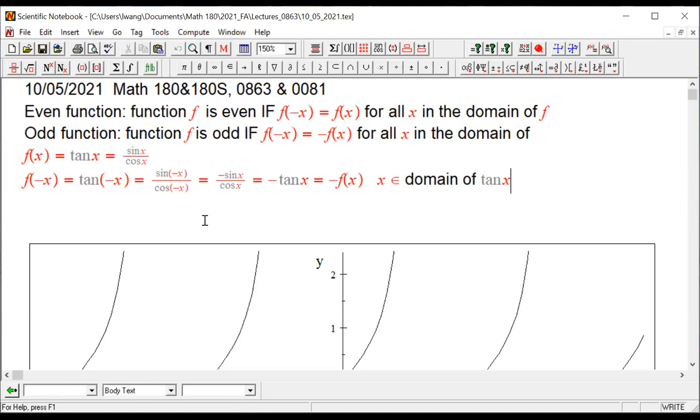Odd number multiples of pi over 2, right? 2k plus 1, odd number multiple of pi over 2. Okay, so when you read those mathematical expressions, you want to inject meaning into that reading.